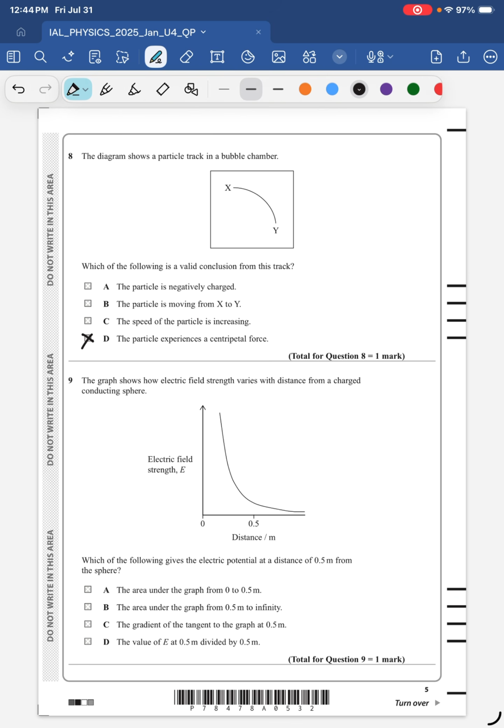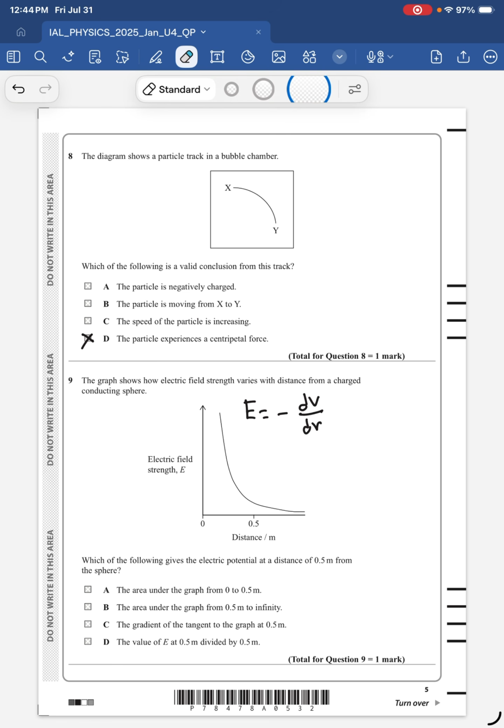This gave me some trouble because I didn't know how to explain it. First of all, we know that the electric field is the first derivative of the potential. So the area under this curve gives something that has dimensions of potential. So that's the first thing.